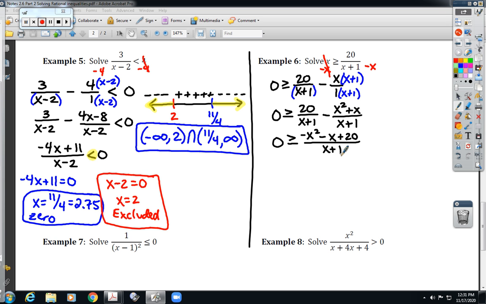Now you look at that top number and you say to yourself, gosh, I don't think I can factor that, right? Because of the negative. The negative's an easy fix. Factor out -1. That just changes all of the signs. That is easily factorable into +5 and -4.